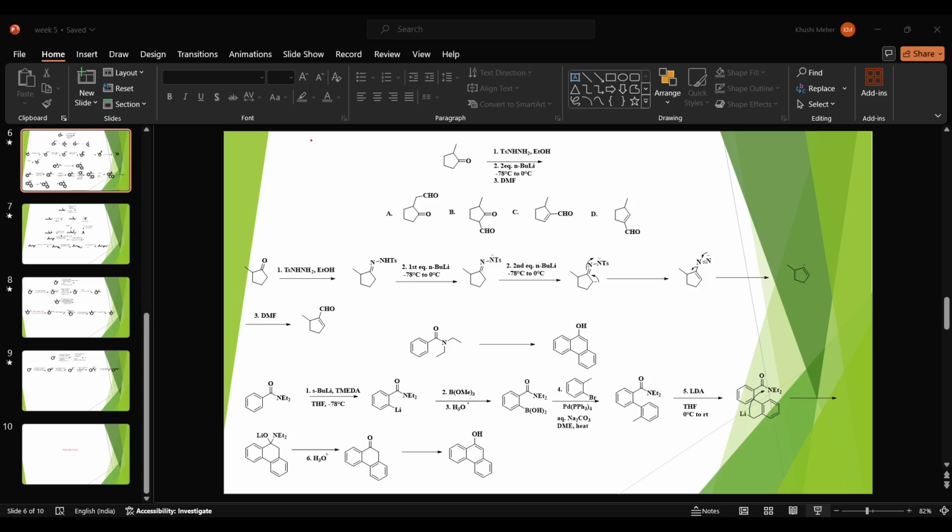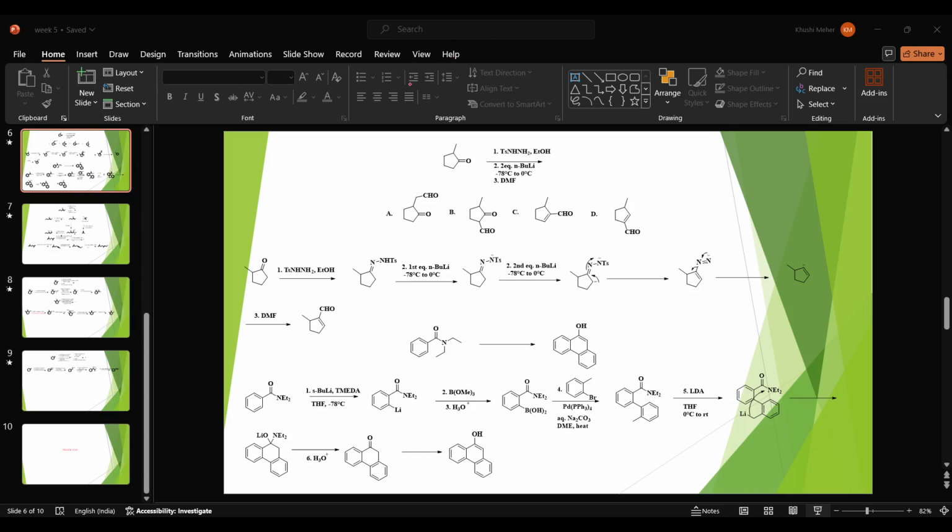You'll see what will happen. Our tert-butyl lithium will undergo a metal halogen exchange reaction, and we break the carbon bromine bond and we will get a carbon lithium bond. This reaction is called the metal halogen exchange reaction, and along with that we will get a tertiary halide. And you just see that in the whole reaction we are using 2.1 equivalents of tert-butyl lithium.